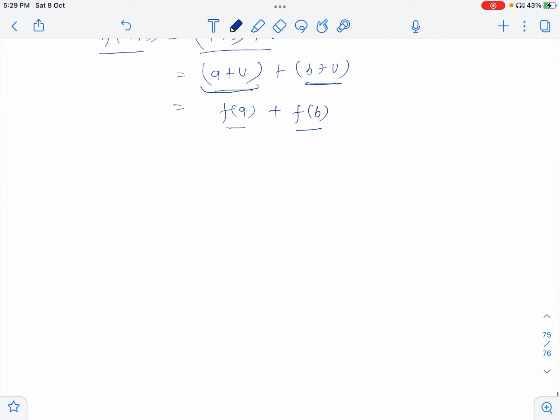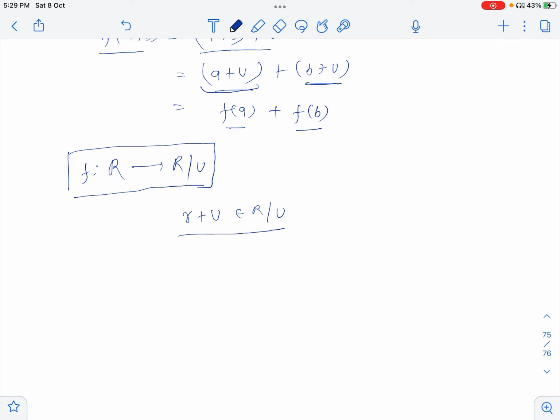So the question asks us to prove that R mod U is a homomorphic image of R. That means we also need to prove that this homomorphism is onto. So to prove onto, let us assume any element r + U belongs to R mod U. And if we are able to find a pre-image for this element in ring R, then it is proved that it is onto.